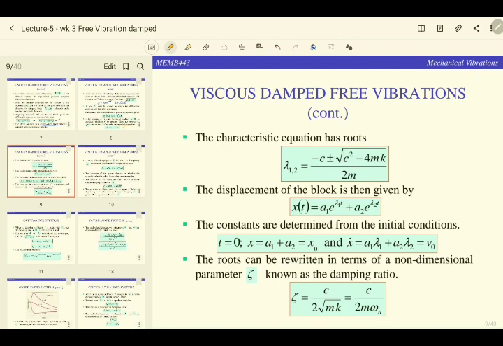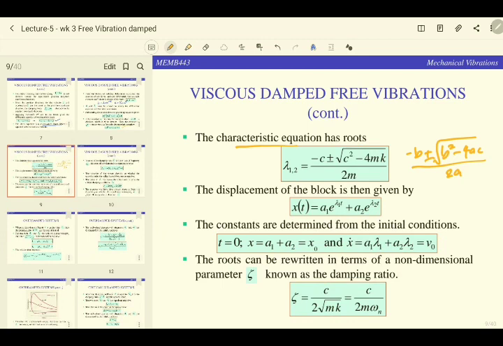If you remember, it is negative b plus or minus the square root of b square minus 4ac, divided by 2a, to solve for your quadratic equation, or the characteristic equation.